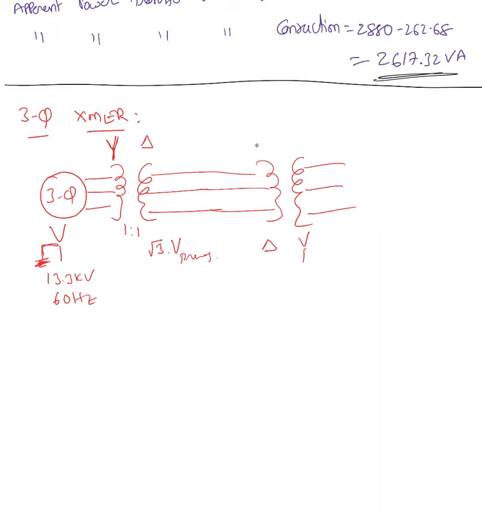So we have to have a three-phase transformer. Those three-phase transformers, you can build by using 3 single-phase transformers. If you look at Y delta, here is my primary of 1 transformer, second transformer, and third transformer, 1, 2, 3.